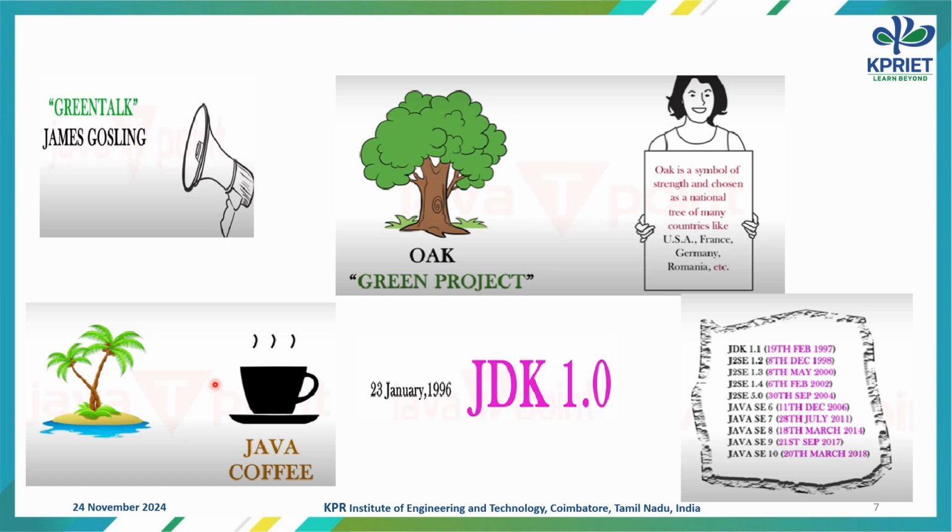But they wanted something that reflected the essence of the technology, like dynamic, cool, easy, and fun. According to James Gosling, Java was one of the top choices along with Silk. He preferred Silk, but Java was so unique, so most of the team members preferred Java over other names.